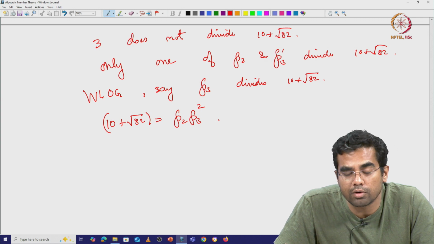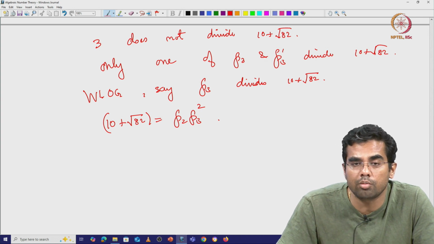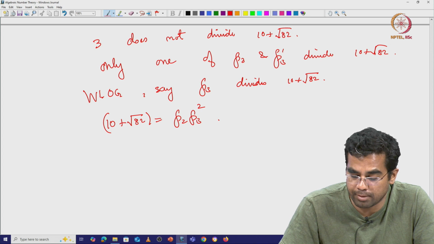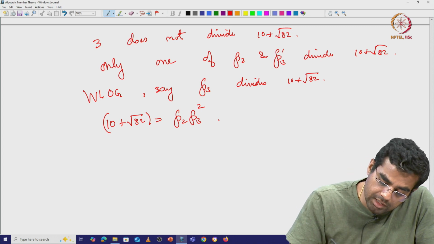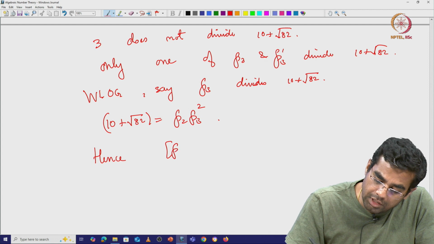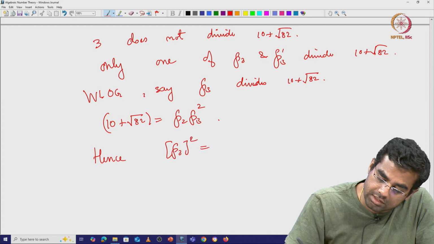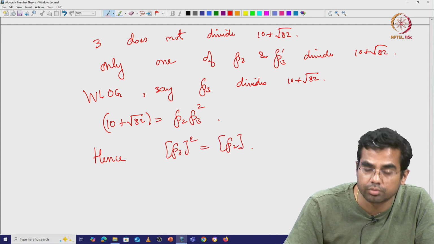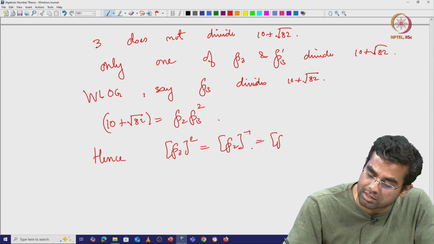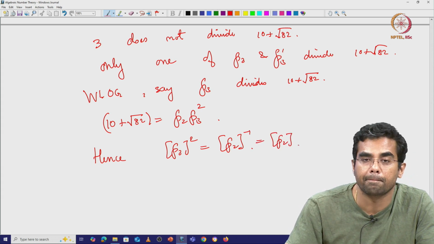P2 will only appear once, because in the norm of this element 2 appears only once. So, hence P3 square is equal to the class of P2, I mean its inverse, but we know that this is the same as this.